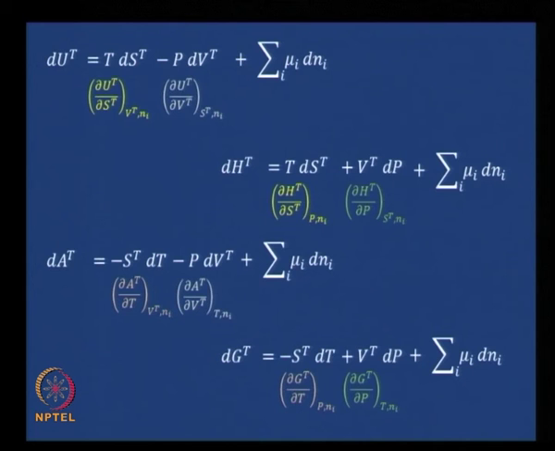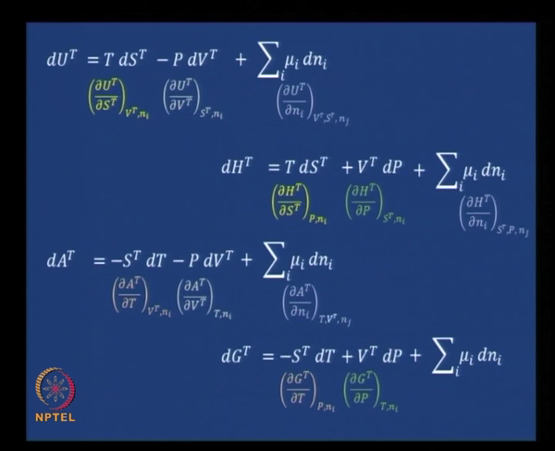And as we have already seen, the chemical potentials can be written in terms of either the partials of U_t with n_i at constant S_t, V_t and all other n_j's. Here in terms of enthalpy, you could write mu_i as ∂H_t/∂n_i at constant S_t, P and all other n_j's, ∂A_t/∂n_i at constant T, V_t and all other n_j's, and ∂G_t/∂n_i at constant T, P and all other n_j's.